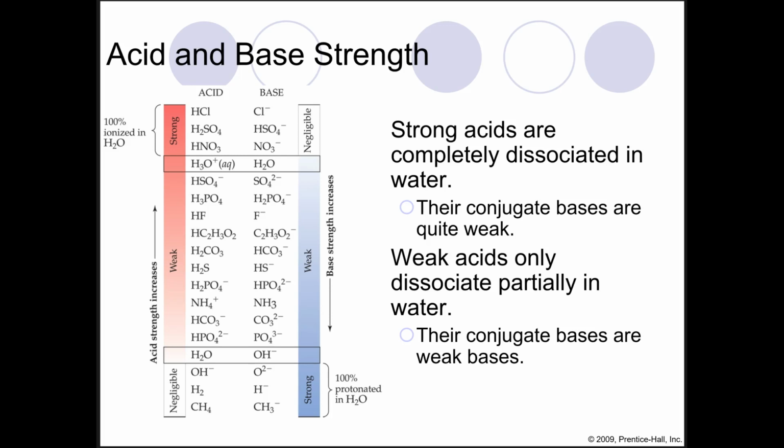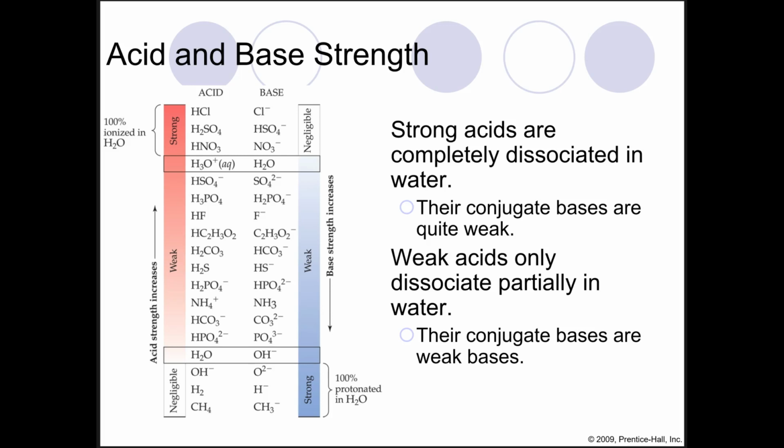Now, one thing I want you to notice is that the acid and base columns, on the acid side and the base side, show a conjugate acid, and right next to it, its conjugate base. So they're paired up as conjugate pairs. Like HCl is the first acid listed. We can tell by the color of the red that it's the strongest acid on this table.